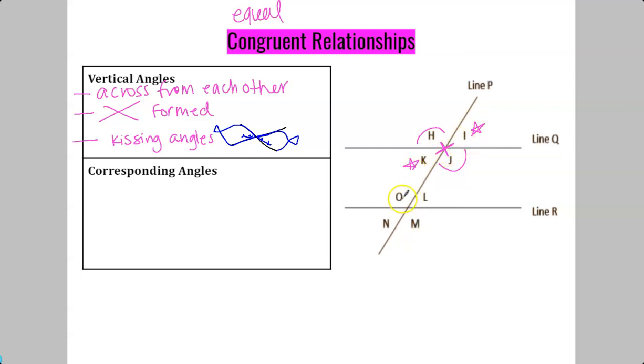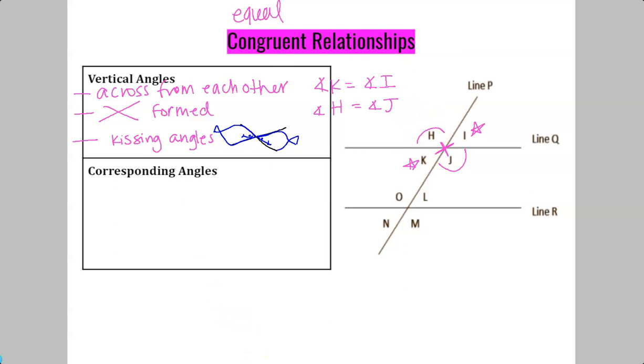We could also say that with M and O and with N and L. So making sure that we understand those angles that are across from each other are equal to each other. Again, as an example, angle K would be equal to angle I, and angle H would be equal to angle J, just to name a couple there.